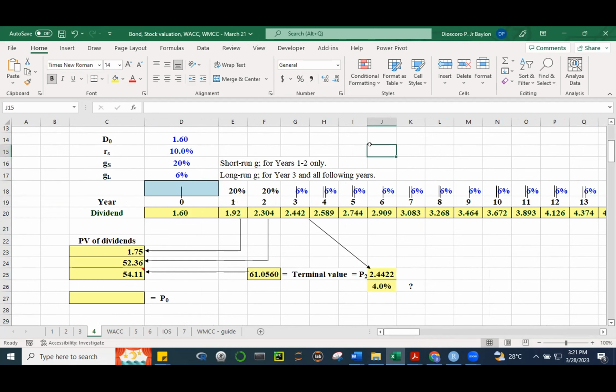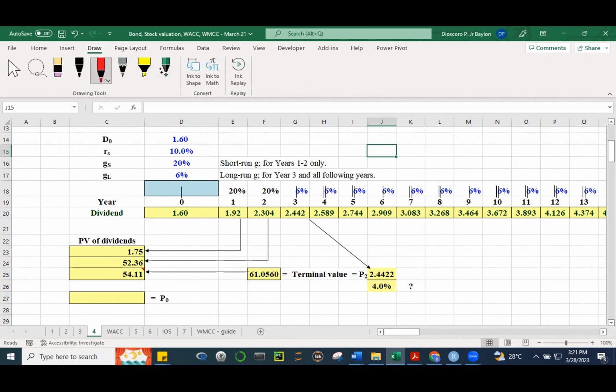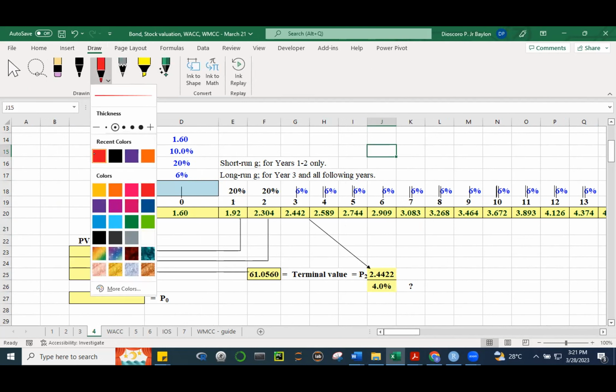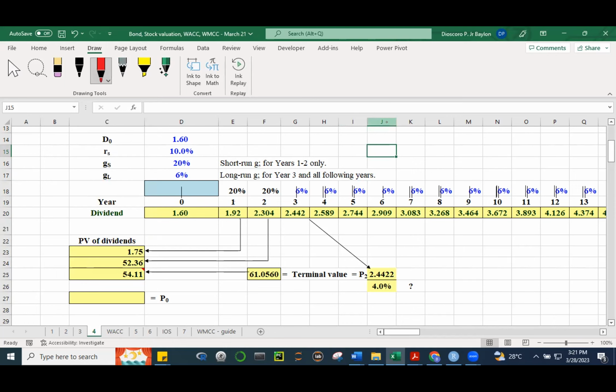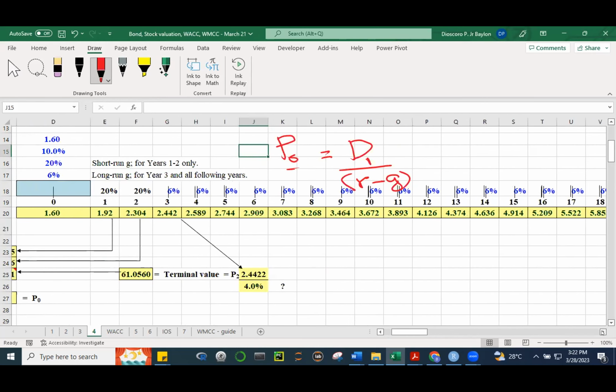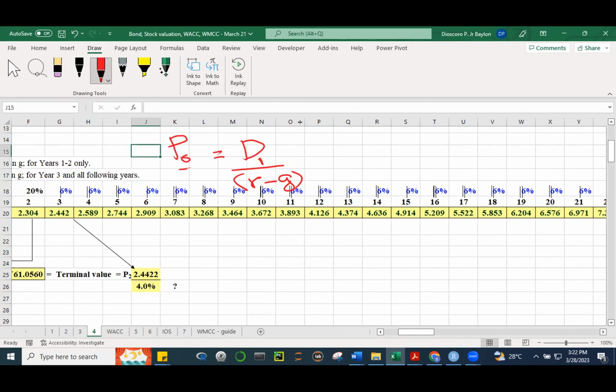Okay, let me write that. So for a constant growth rate, the value, the price of a stock, P sub 0, that's the price now, will be equal to the dividend at year 1, divided by your required return, R, minus your growth rate, G. This is called your dividend growth rate model, or constant growth rate model.